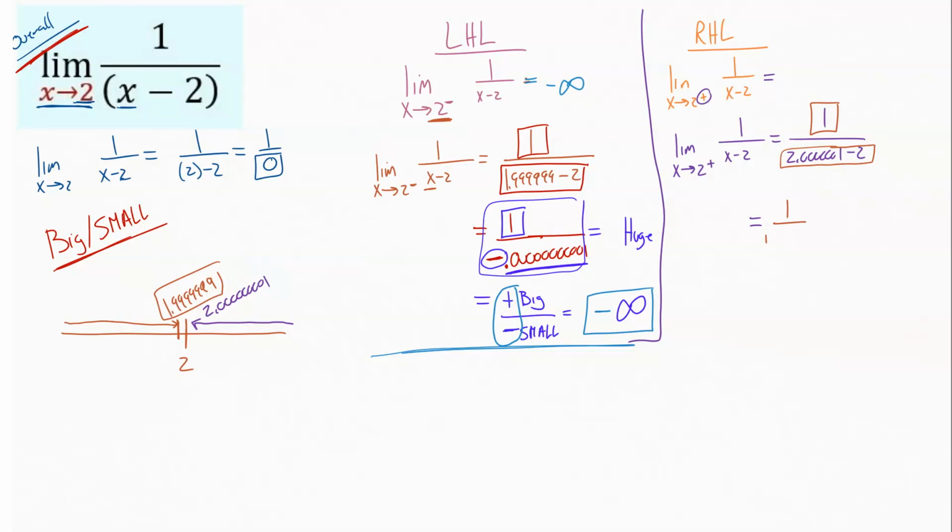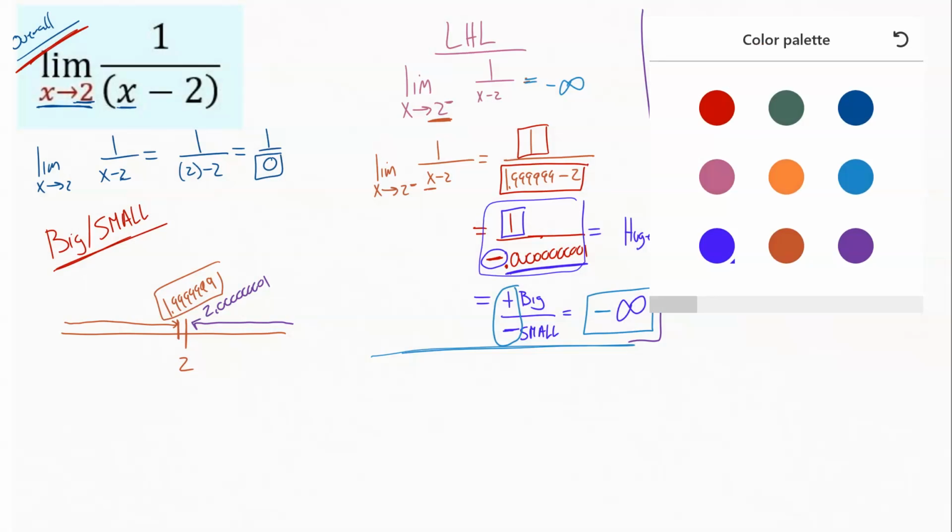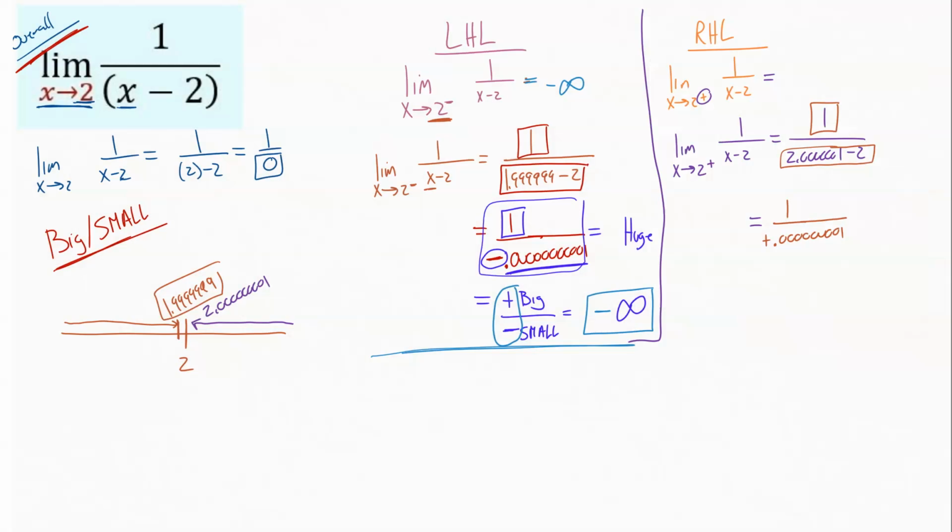So what we have on the bottom is really a positive, extremely small number, 0.00001. We play our same little game to figure out the final conclusion. On the top, I have a positive big number. 1 is a big number, and it's positive. And on the bottom now, I have a positive, extremely small number.